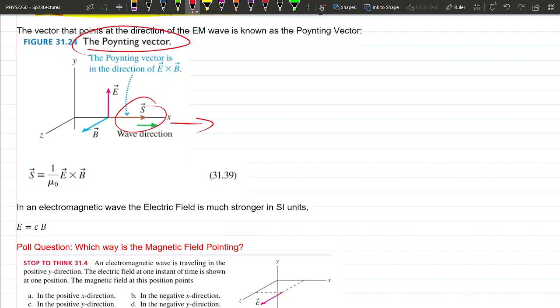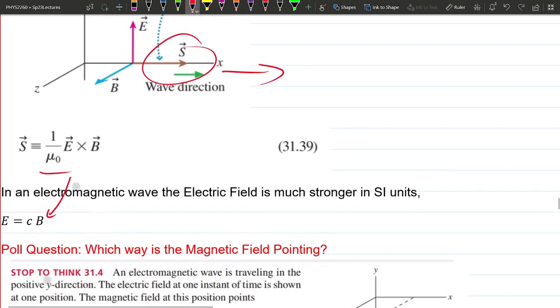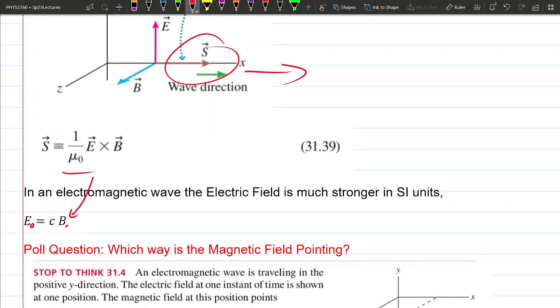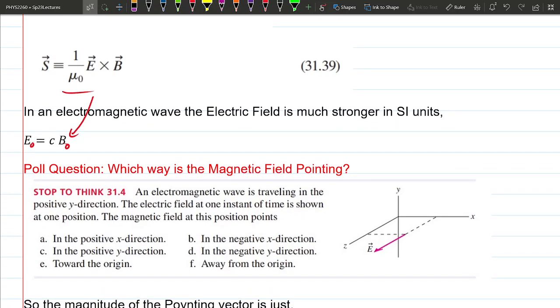With this, there's actually a relationship between the electric field strength, actually this should be E naught, B naught, okay? The electric field strength is bigger than the magnetic field strength by a factor of c. This is why, if you calculate electric fields in homework and stuff like that, they turn out to be like 10,000, 20,000, 30,000, whereas for magnetic field, 1 Tesla is a big magnetic field.